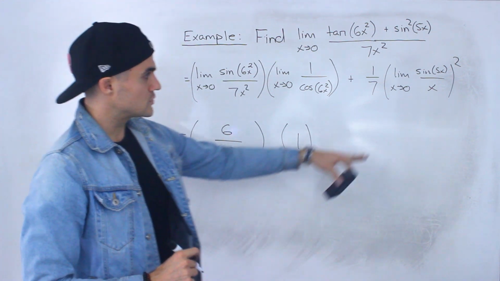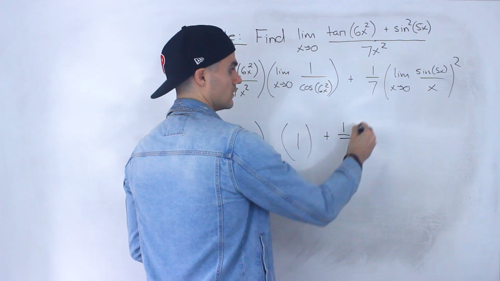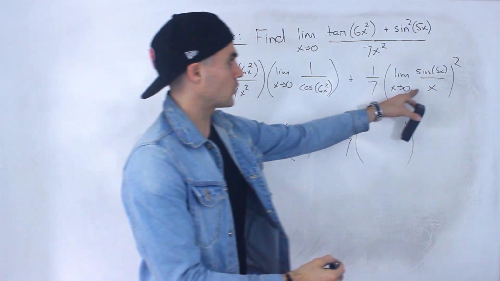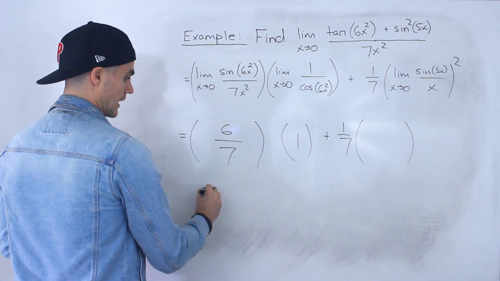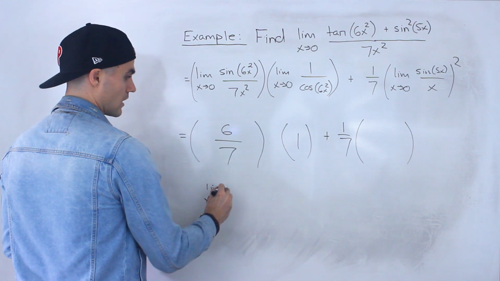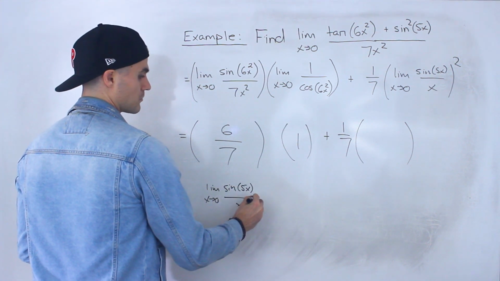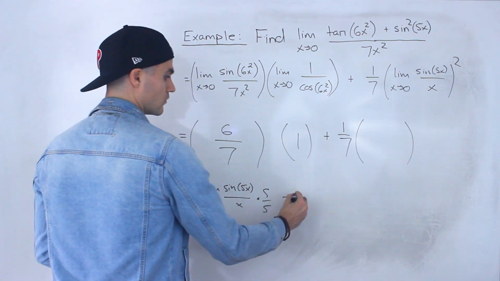All that's left to do is to work with this bracket, so this is going to be plus 1 over 7. I'll work with this limit on the side. We have the limit as x approaches 0 of sine of 5x over x. I can multiply this by 5 over 5 and bring the 5 out.